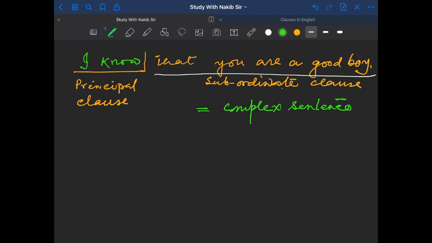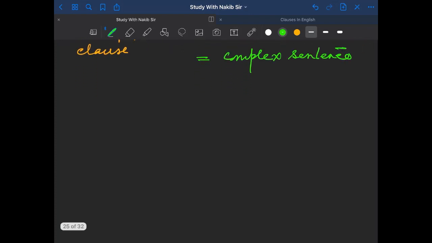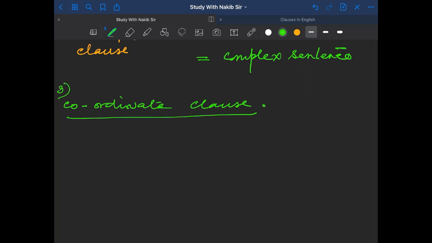Okay. Now see the coordinate clause, number three. What is a coordinate clause? A coordinate clause does not depend on any other clause for its sense.